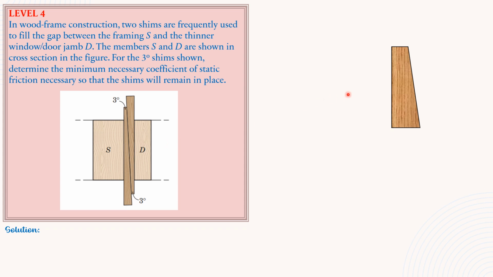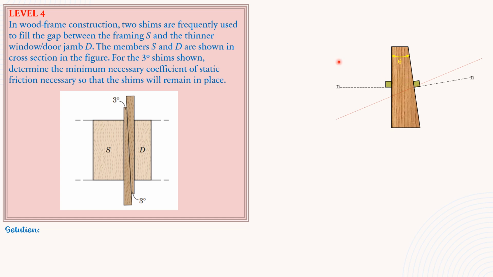Then let's have the angle here, which is 3 degrees. Let's call that theta in general. Then the normal to these surfaces and the line of action of the resulting reaction with friction. So let's call the reaction at the left as R1, the right R2.